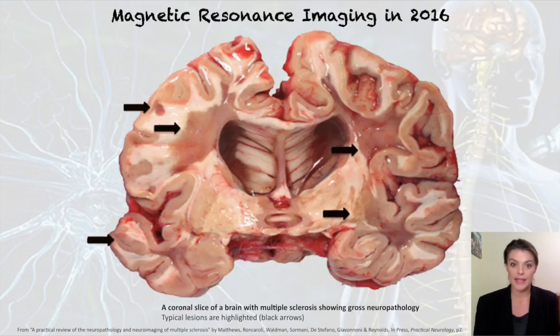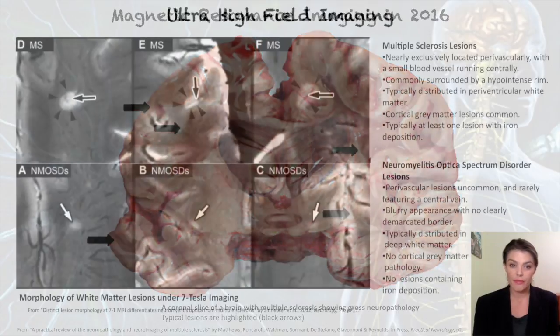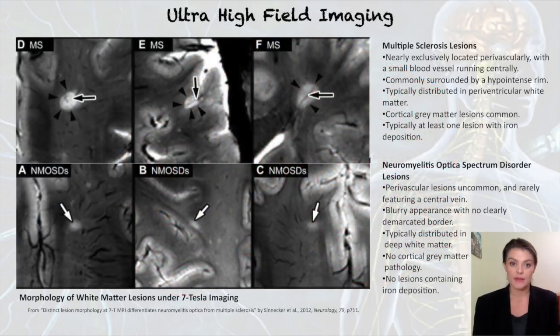Non-conventional MRI techniques address this and can enable earlier diagnosis and reduce misdiagnoses. 7 Tesla scanners represent a significant development in imaging MS. Their superior spatial resolution, signal-to-noise ratio, and contrast enable detailed anatomical visualization and localization of white matter plaques. Additionally, grey matter cortical lesions can be detected and localized.